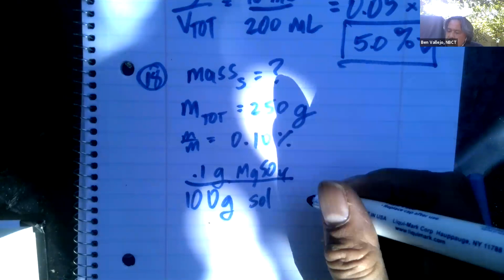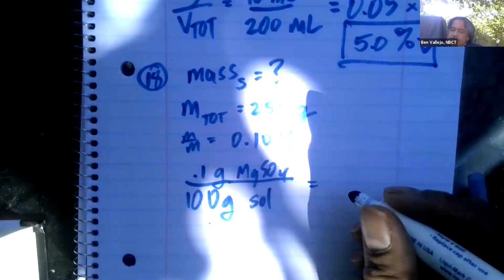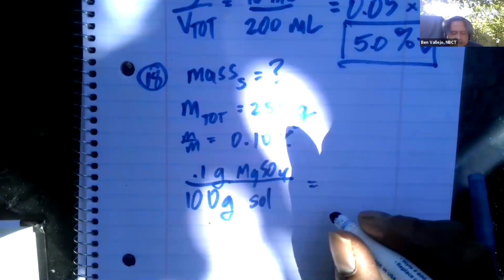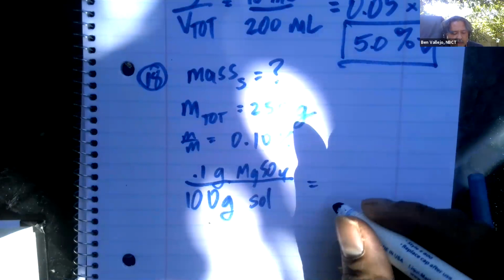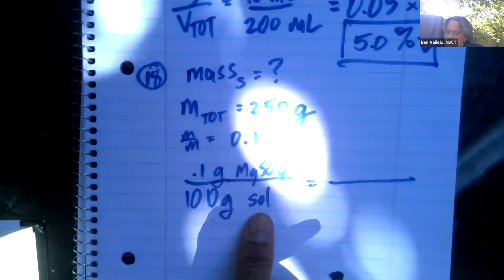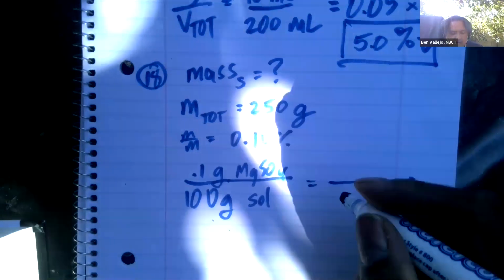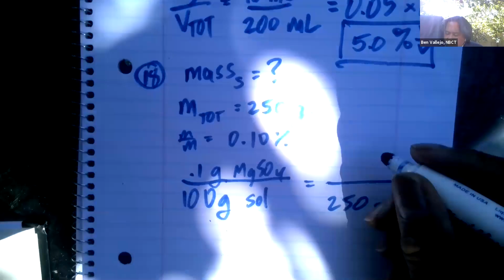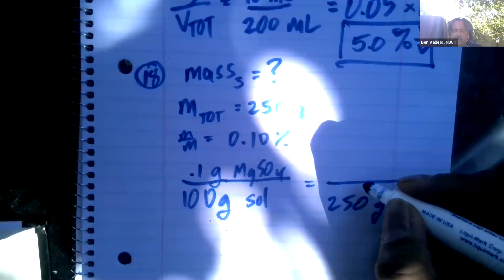So if we have 100 grams of the solution and we want to make 250 grams of the solution, then we want to know how many grams of solute you have to have.